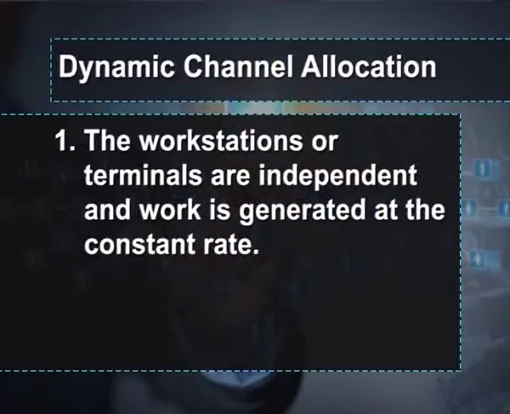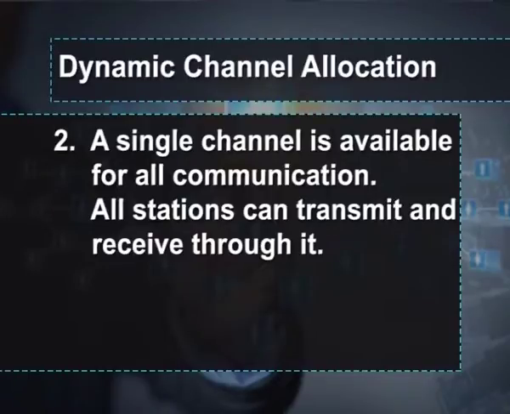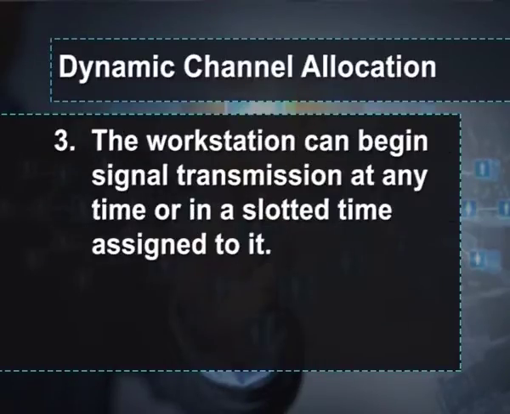First requirement is that the workstations or terminals are independent and work is generated at a constant rate. Second requirement is that a single channel is available for all communication. All stations can transmit and receive through it. Third requirement is that the workstation can begin signal transmission at any time or in a slotted time assigned to it.